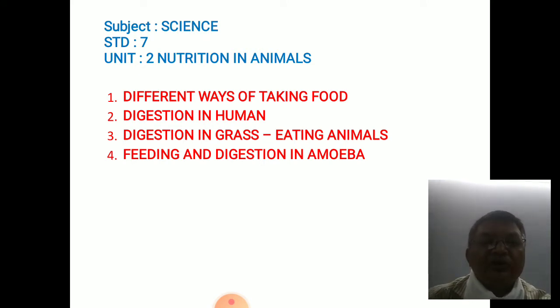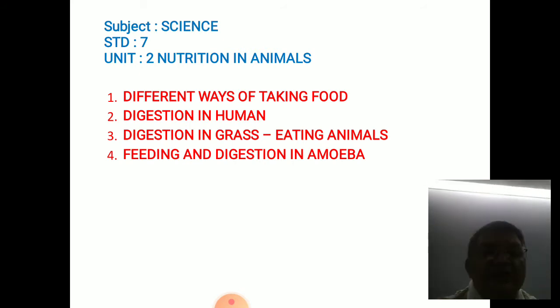Then we learn about the special system, that is the digestive system of human beings. Then we learn about digestion in the grasshopper, a grass eating animal. And finally we'll talk about feeding and digestion in amoeba.